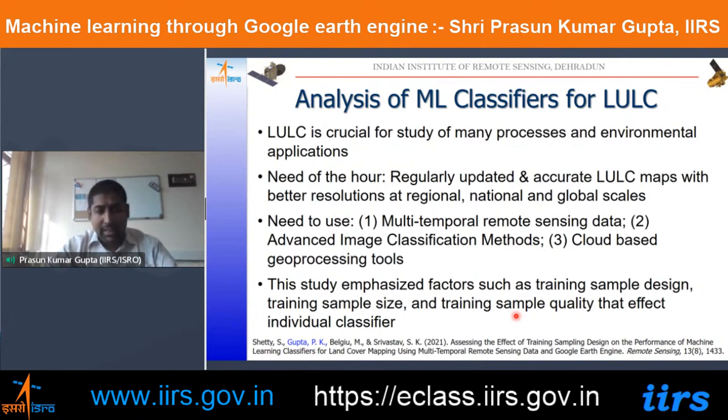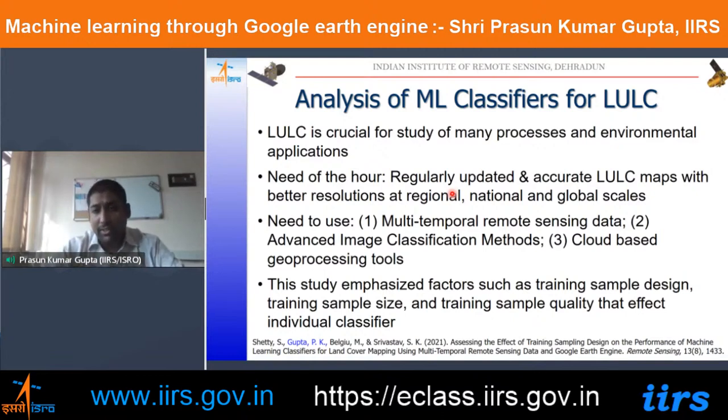Sometimes there is error in data collection also. So Earth Engine gives us the entire power of data and machine learning. We can now emphasize on the science, on the important statistics, the important things that influence the outputs of machine learning classifiers.